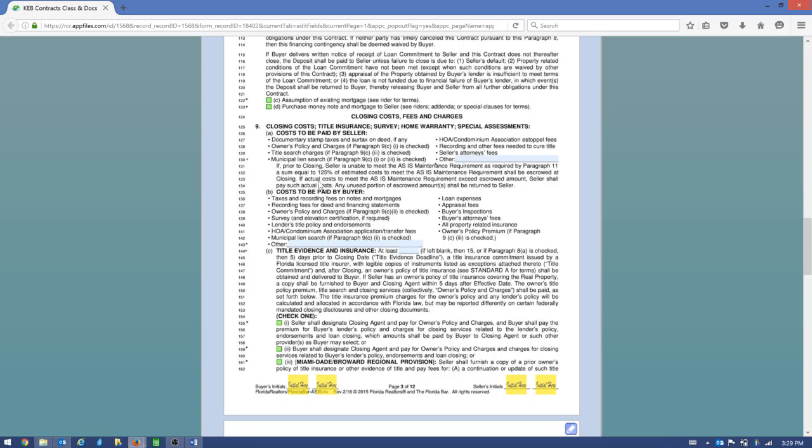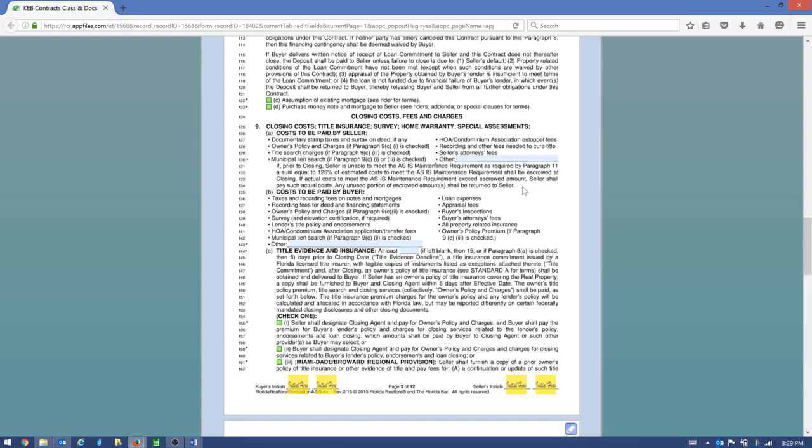or withheld from the seller's proceeds, to have the pool repaired. If actual cost to meet the as-is maintenance requirement exceeds the escrowed amount, meaning it's more than the $1,250, seller shall pay actual costs. So if it's $1,500, the seller is going to have to add another $250. However, if there is any unused portion of the escrow amount, it shall be returned to the buyer.